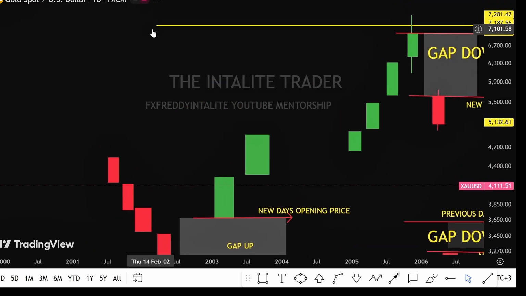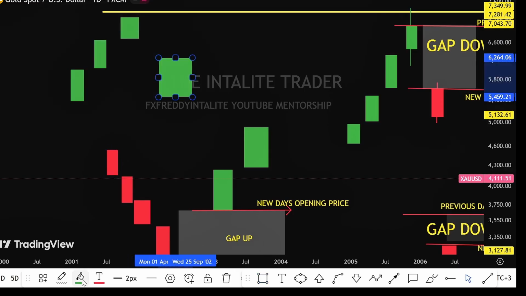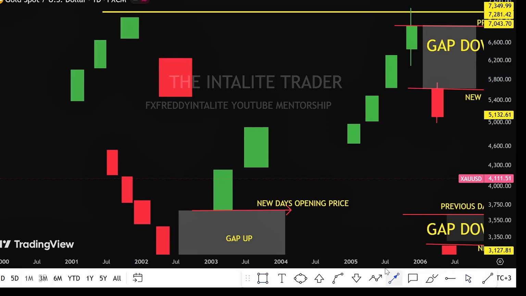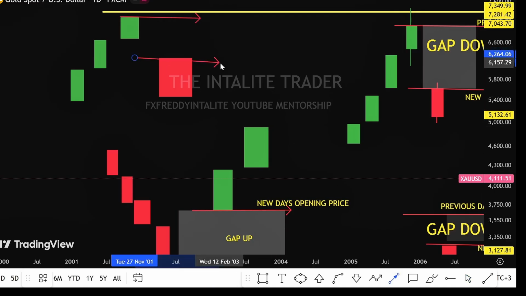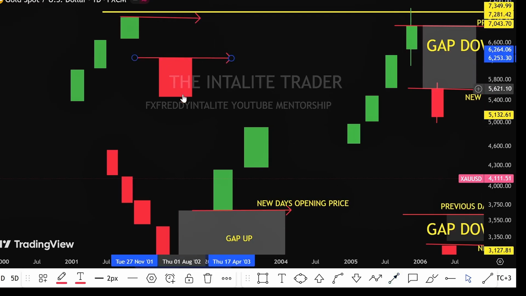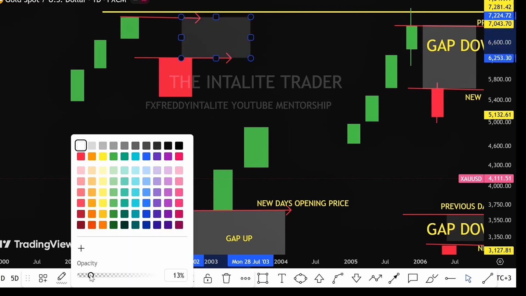Then if price is moving in an uptrend, you see up and down like this. We said you mark the previous day's close and the new day's open. So the gap in between the two gives you what we call a gap down.